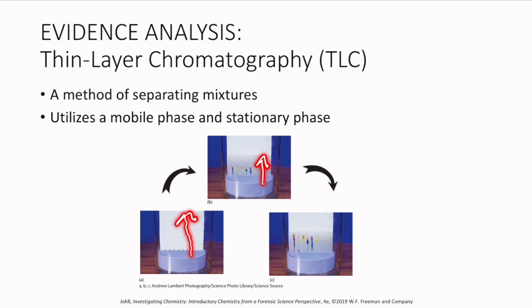And as it does move up the plate, you can see all of those different colors start separating out. So these different inks, the different black inks, actually contain different colors. This is very, very important for drug analysis. If you want to try and see what type of drug someone has in their system, TLC can be used.